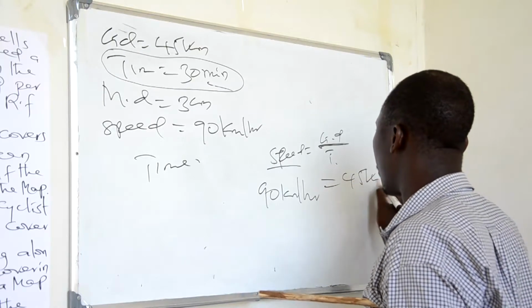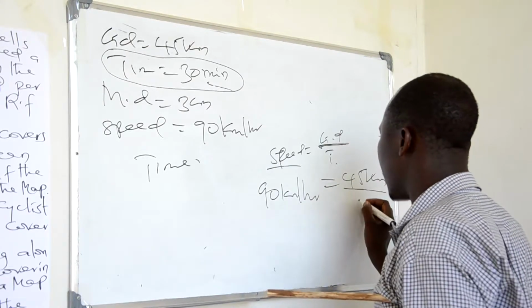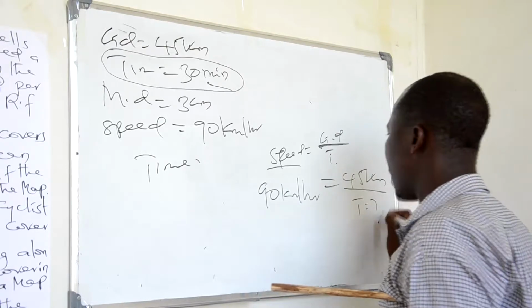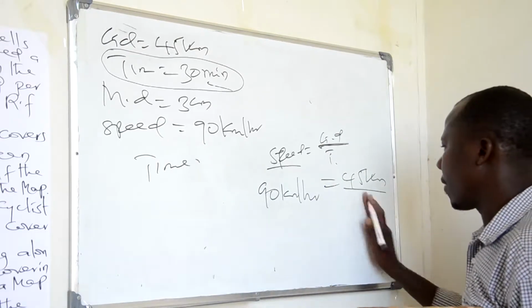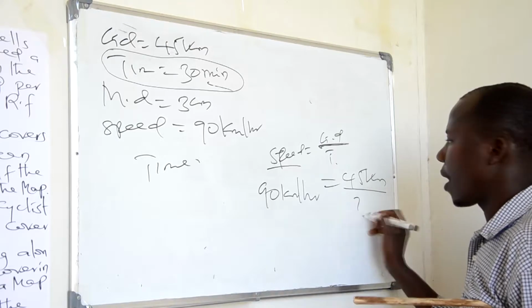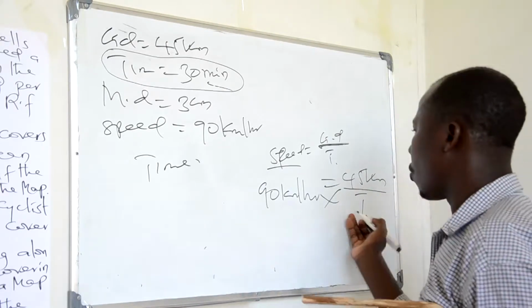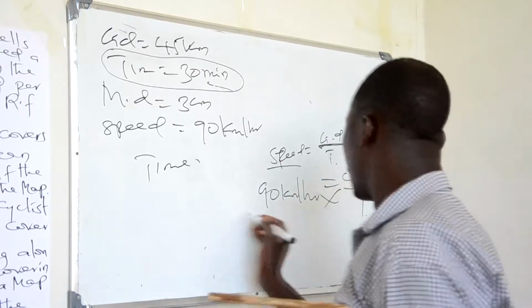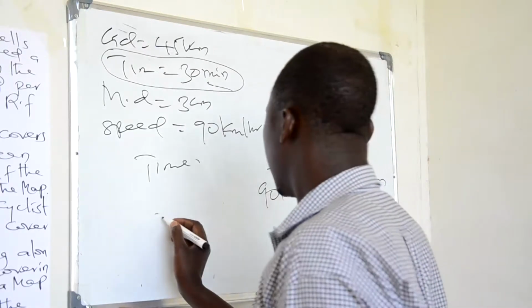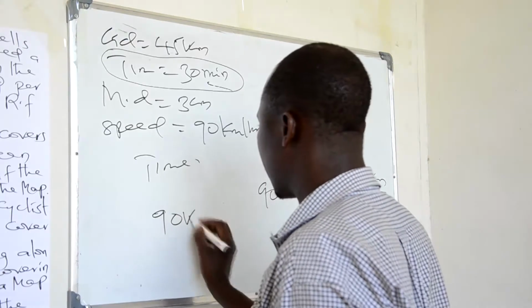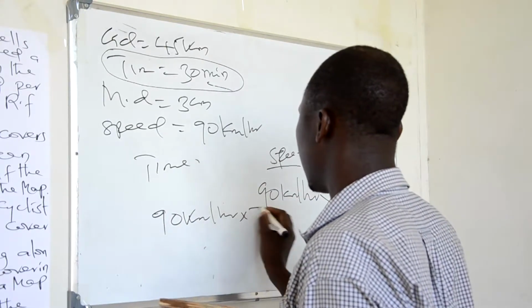Time. Time we don't have, so we use cross multiplication in order to obtain time. So we have 90 km/h times time is equal to 45 km.